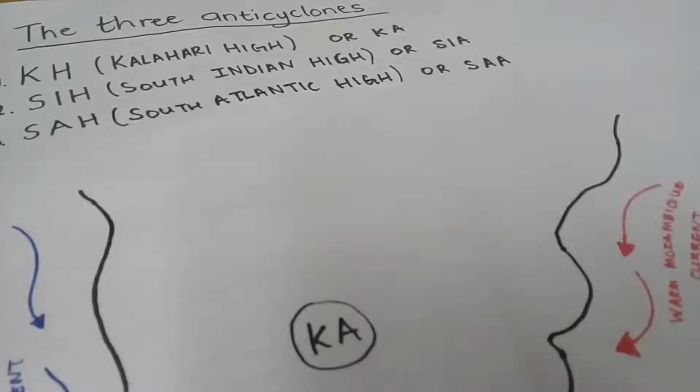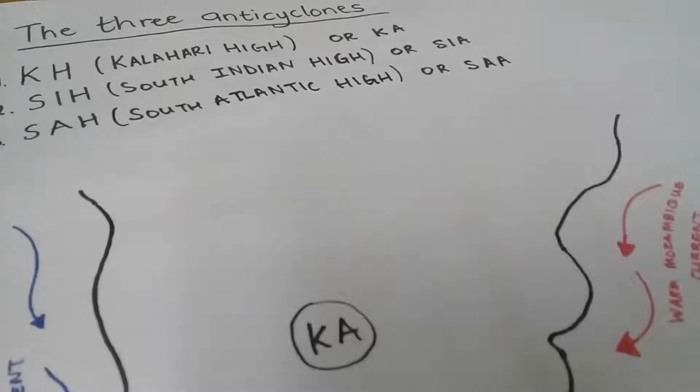So these anticyclones are more represented and stronger in winter. That's why they affect the interior of South Africa, or the surroundings of South Africa, in winter. And that is why we say they occur in winter.